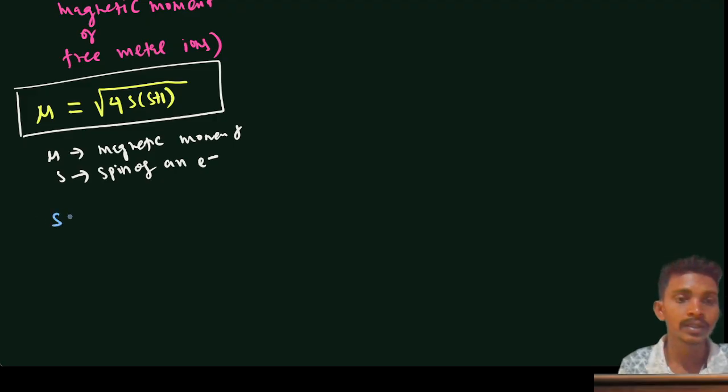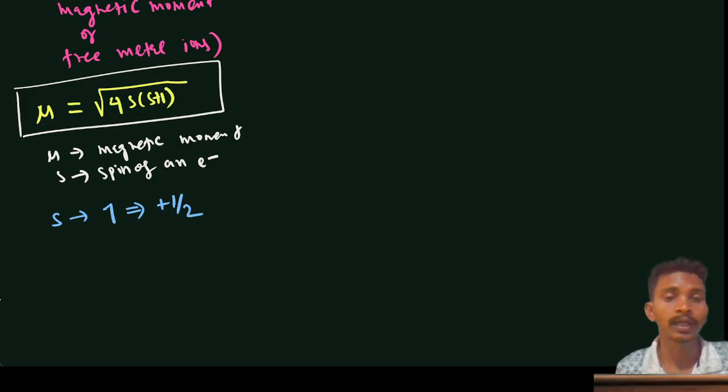S is generally, for one electron, the value is half. But generally whenever we are counting the electrons, it is very convenient to take one instead of half, and minus one instead of minus half.